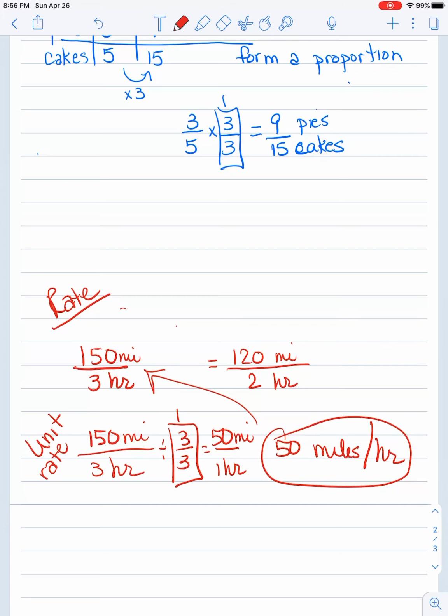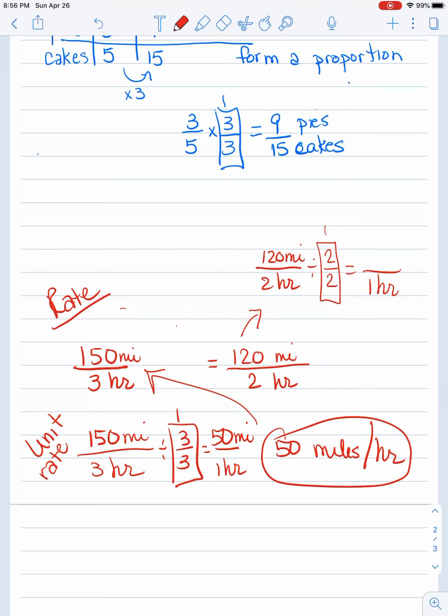Okay, that's this one. And now let's do the same thing up here. Let's take 120 miles in 2 hours, and we're going to divide that by the denominator, which is 2, so 2 over 2. And what do we get here?